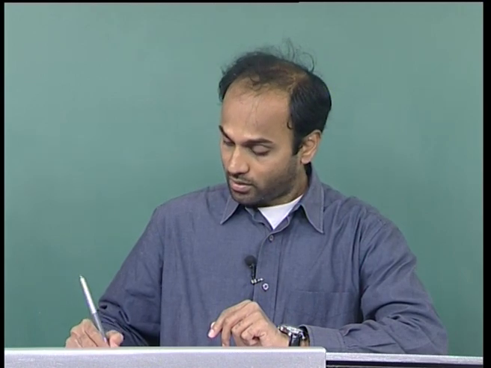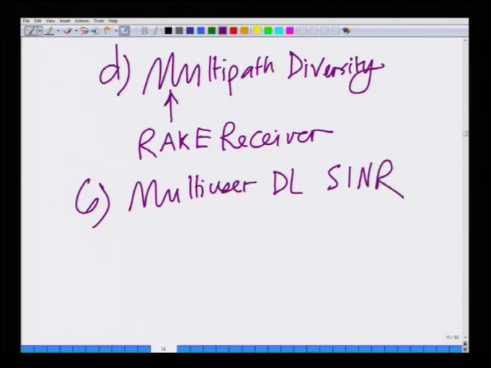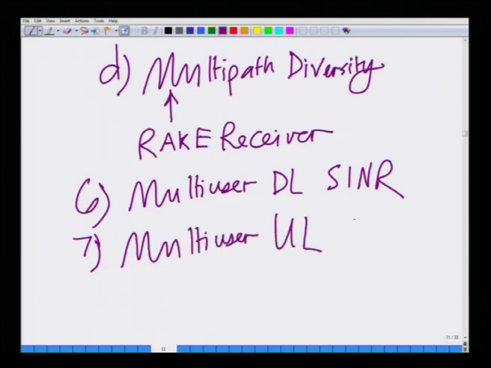Following this, we derived the multi-user downlink SINR of CDMA. We also derived the multi-user uplink SINR.